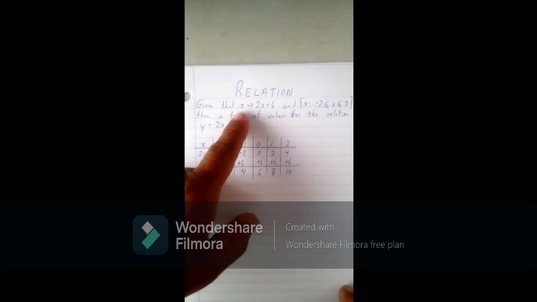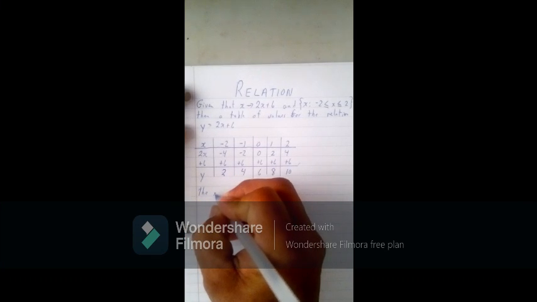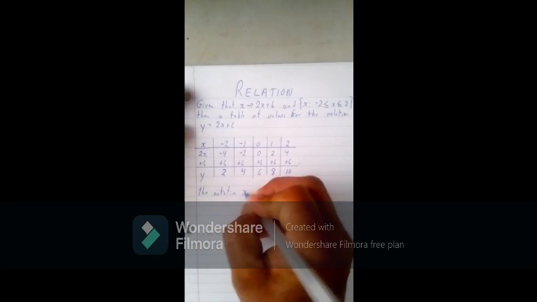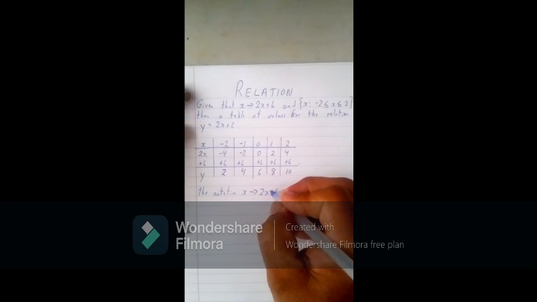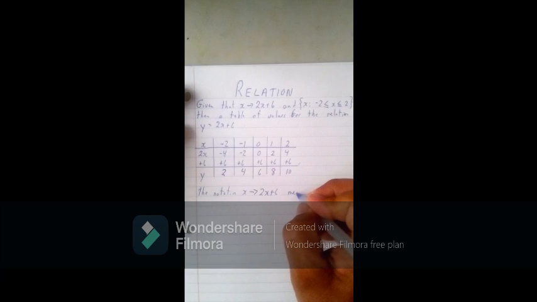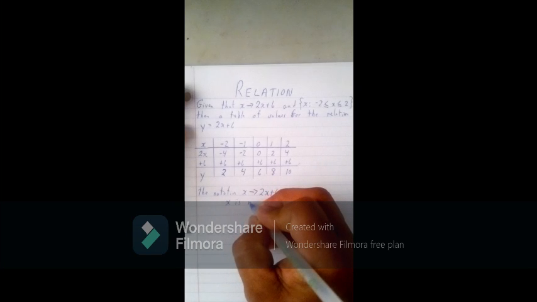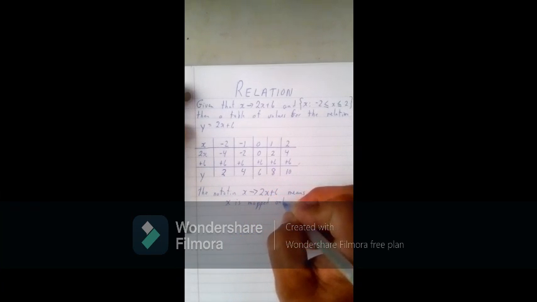Now the notation, let me write this here. The notation x arrow 2x plus 6 means, and let me write this so people can see it, x is mapped onto 2x plus 6.